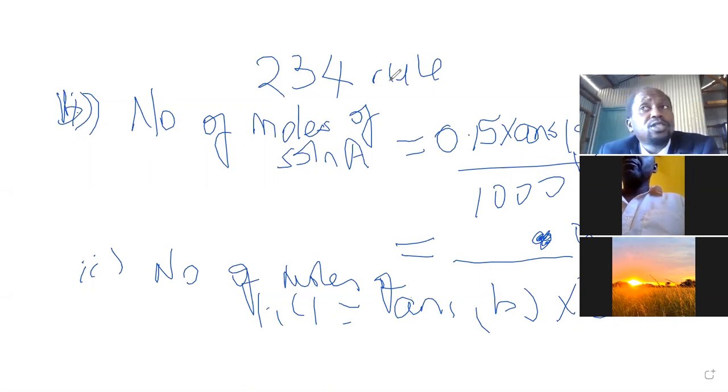All volumes must be given or rounded to 2 decimal places. All volumes must be rounded to 2 decimal places. And that includes even the theory papers.